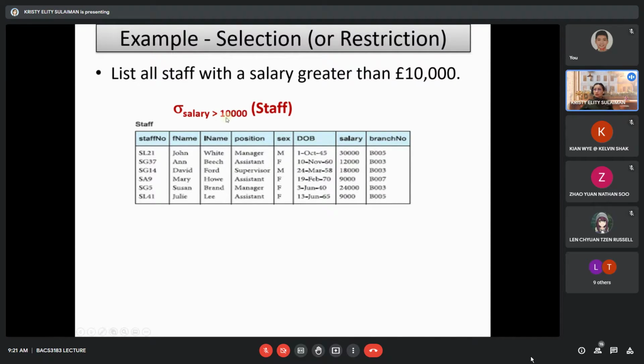Only those rows satisfy this condition in this table.